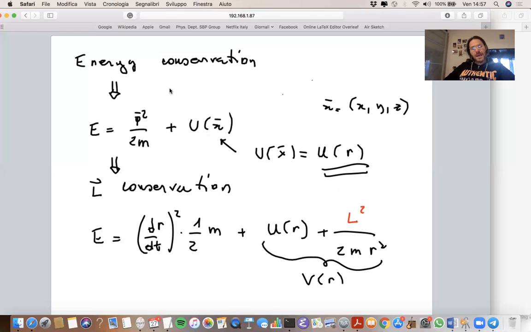So basically, this discussion was showing how a potentially three-dimensional and deadly difficult problem could have been translated into an effective one-dimensional problem in the radial distance by focusing on the energy and exploiting angular momentum conservation. Now, when it comes to the quantum theory of the hydrogen atom, we want to do exactly the same strategy.